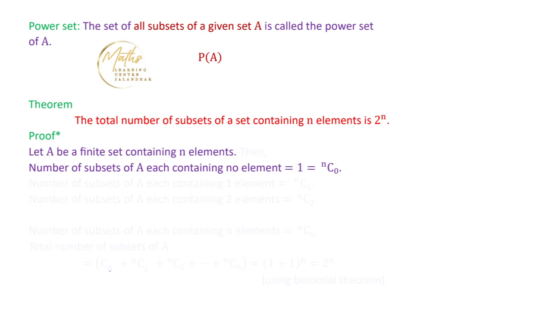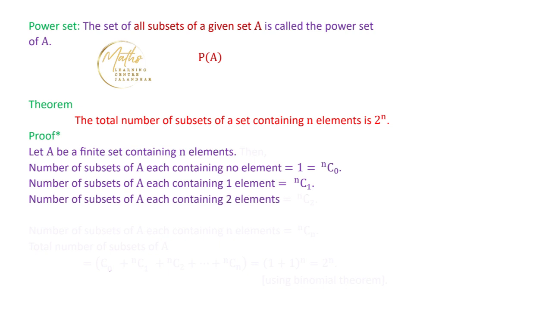Next, the number of subsets of A, each containing one element. It means out of the n elements, we are choosing one element, so there are nC1 ways. Then the number of subsets of A containing two elements means we are choosing two elements out of these n elements, so it is nC2. Likewise, if we continue, the number of subsets of A each containing n elements is nCn ways.